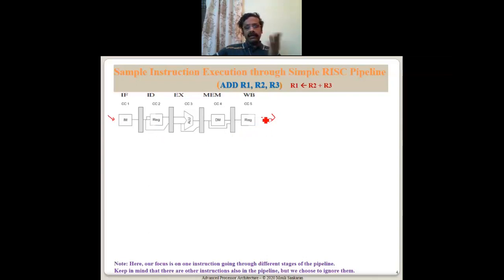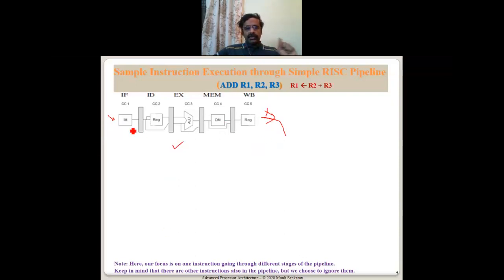Once the results are done, this instruction is ignored. It is not that the instruction goes out and is saved somewhere. Instructions come in, what each instruction is supposed to do is performed by the CPU architecture, and at the end of this, it is completed.